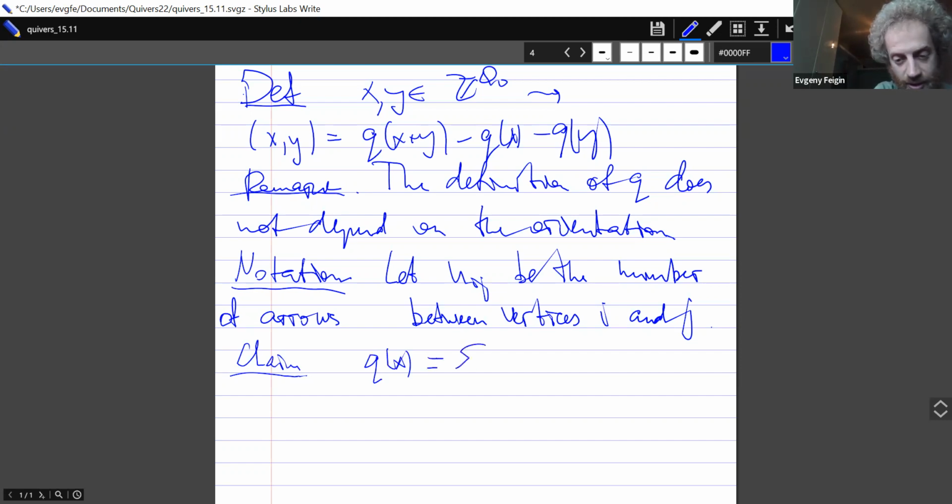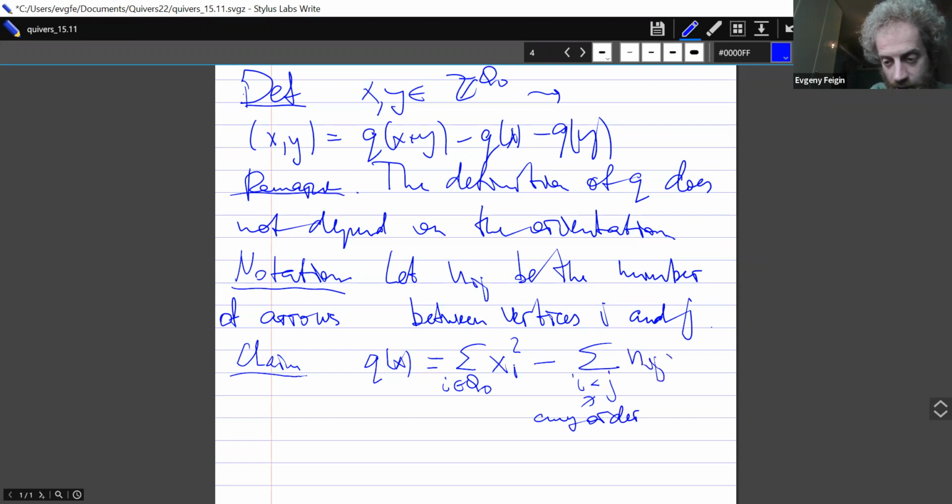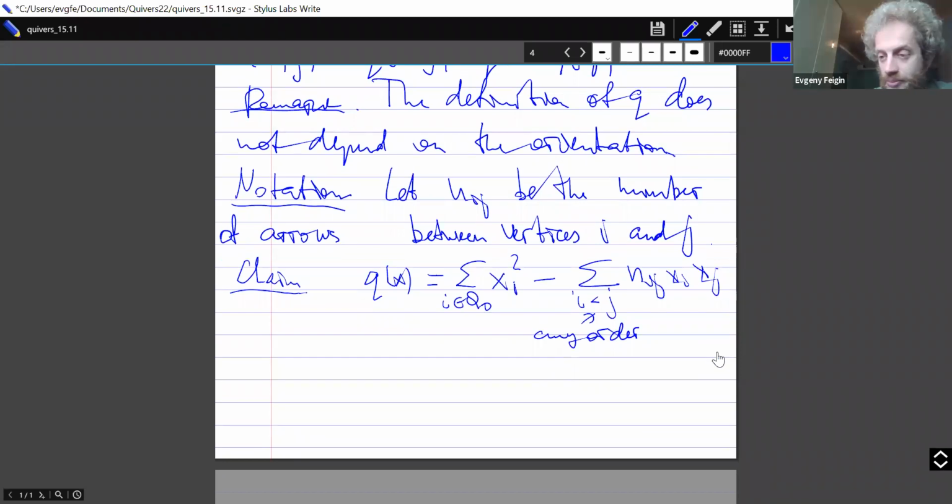This is the sum of x_i squared over all i, minus the sum over pairs of vertices, and let us order the vertices in any way, it doesn't matter how, of n_ij x_i x_j. So again, this is the observation that nothing depends on the orientation.